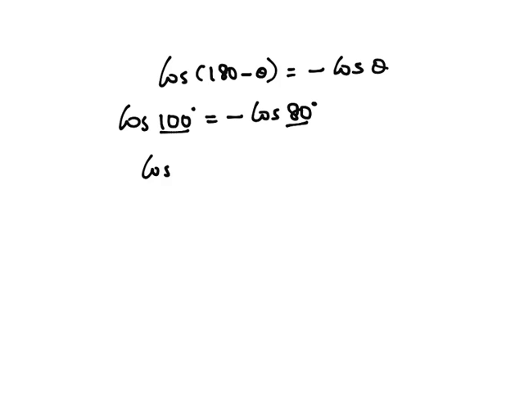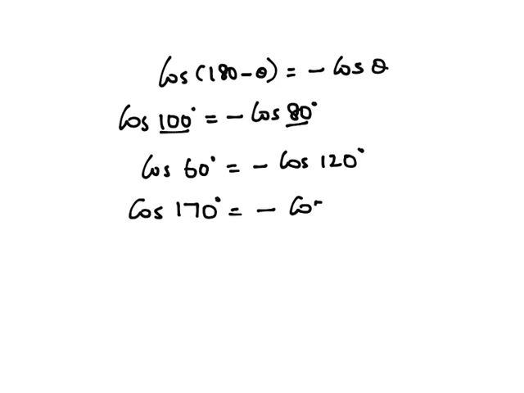And cos 60 degrees will be equal to minus cos 120 degrees. And cos 170 degrees will be equal to minus cos 10 degrees, right? According to this property, we can write this.